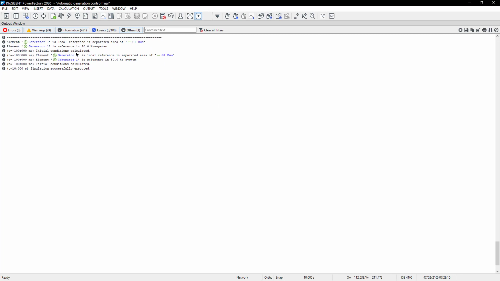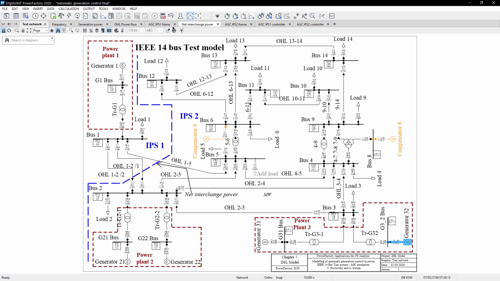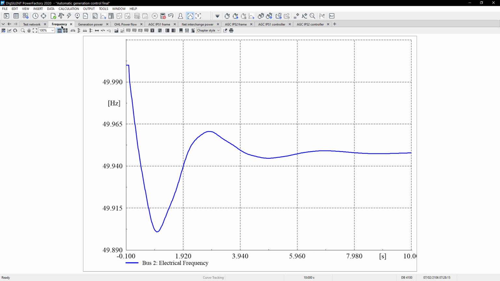Okay, we have initial conditions. We simulate, everything was fine. Okay, let's come back to the system, and I will go to the plot here for frequencies, okay? Look over there.